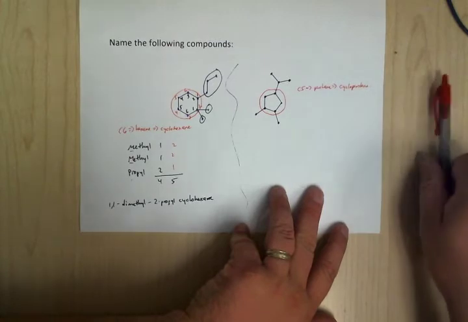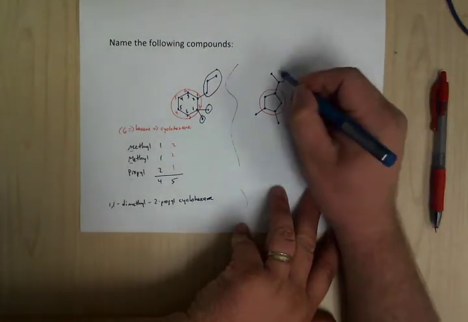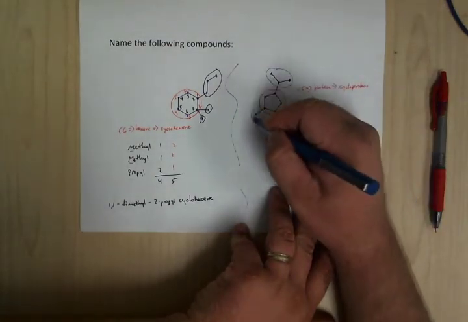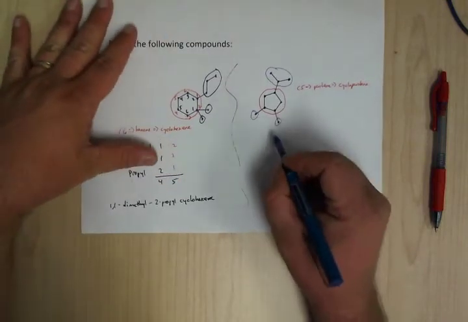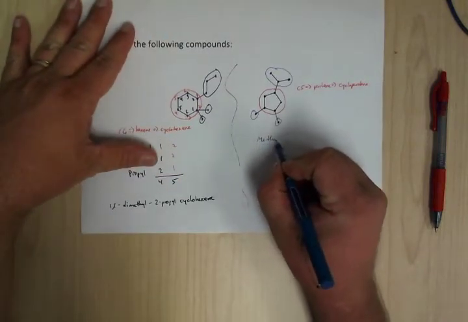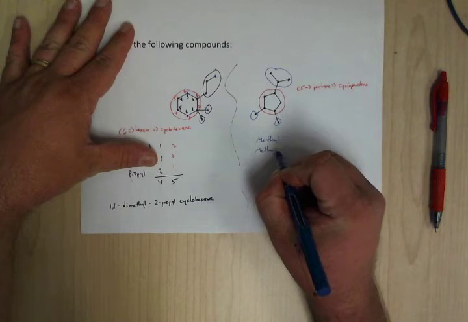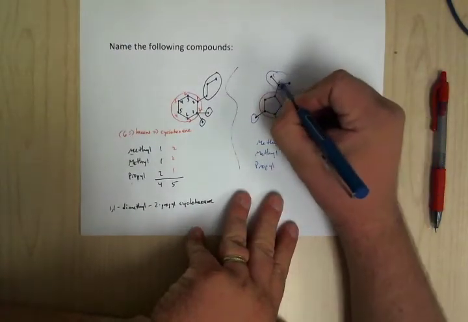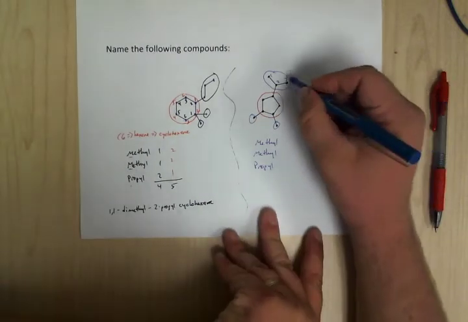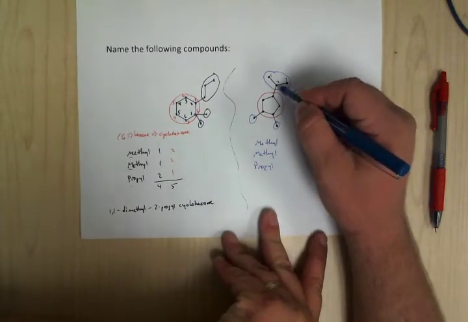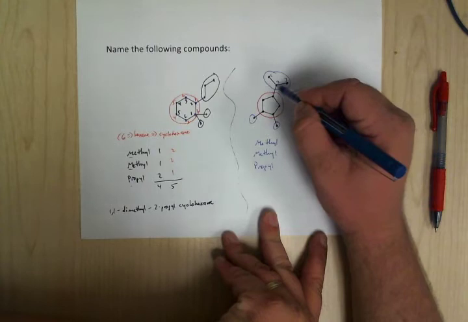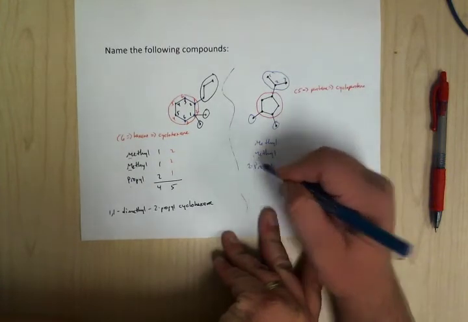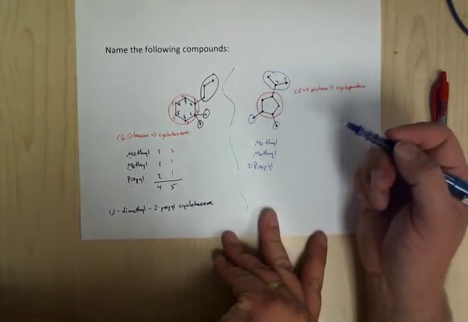Okay, so that means we've got this group and this group. So we have 2 methyls, methyl, methyl. Now this group would be a propyl because it has 1, 2, 3 carbons on it, but because it's connecting to the main chain through carbon 2 of the propyl, we call that a 2-propyl group. You can also call it an isopropyl group.